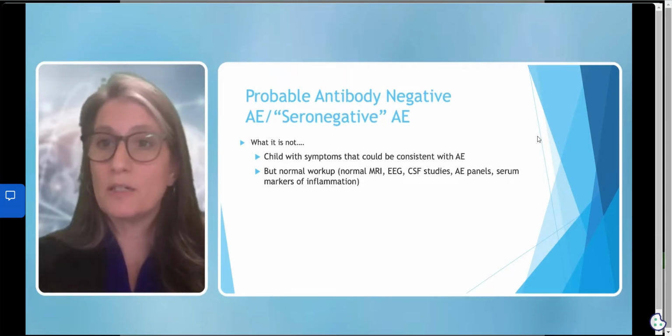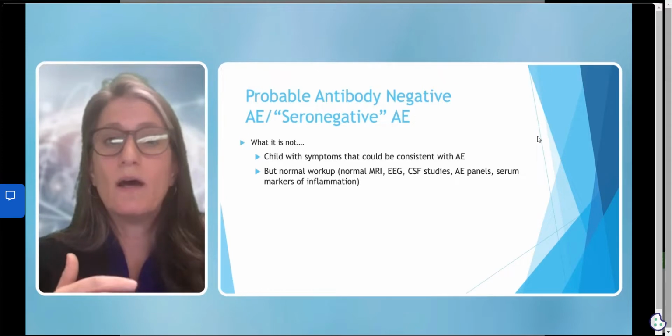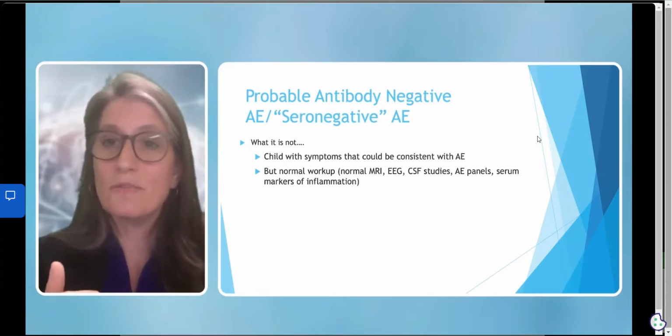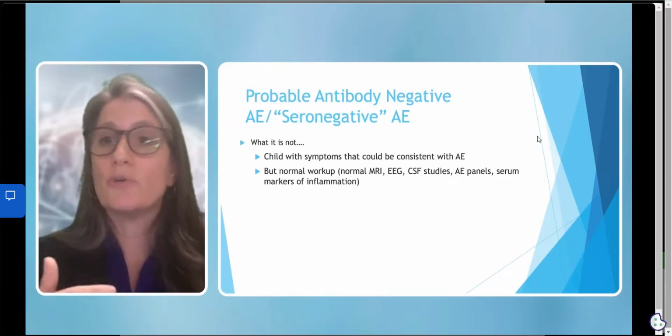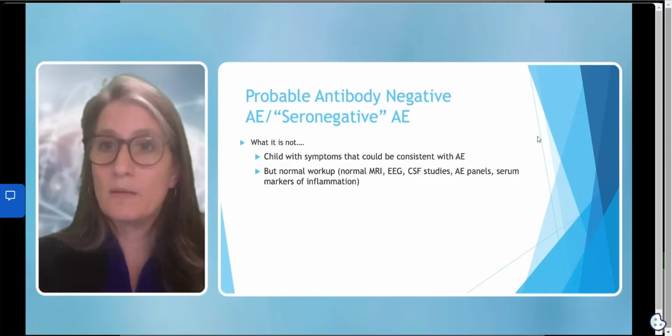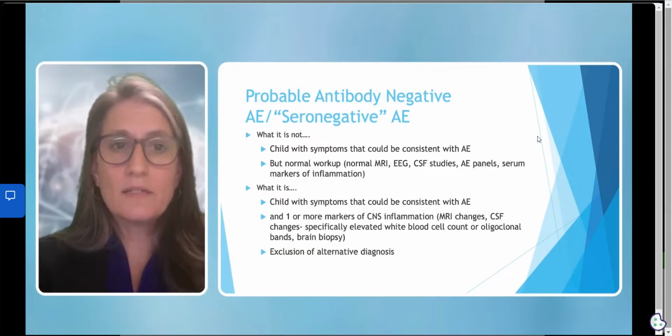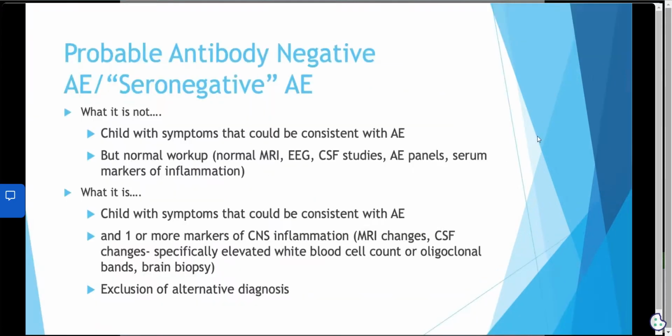And that's not actually the case. Seronegative autoimmune encephalitis means that there were other changes showing signs of CNS inflammation and autoimmunity. You just don't have one of the known anti-neuronal antibodies. And this is different than not having anything that's positive on your testing. That doesn't mean that there isn't something going on.